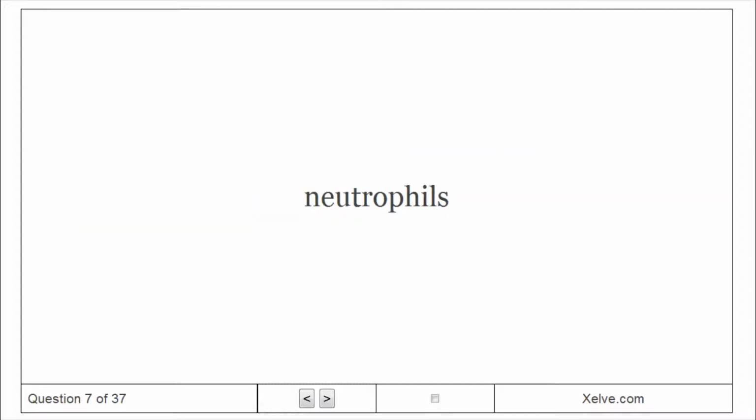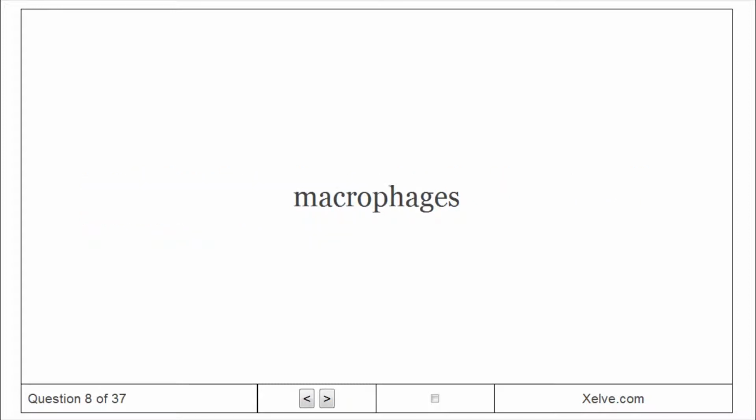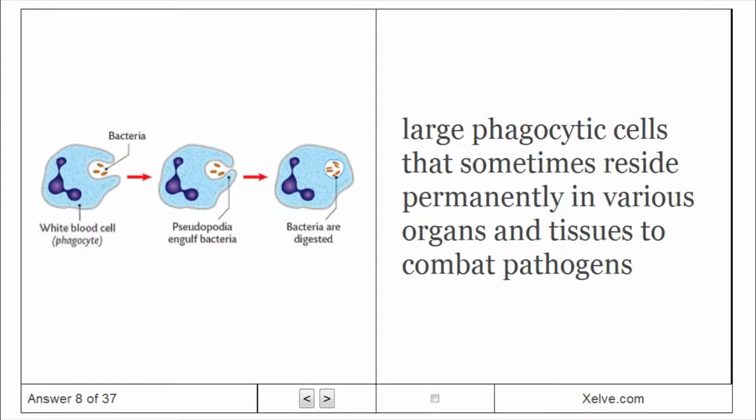Neutrophils. Most abundant phagocytic cells, these engulf and destroy microbes. Macrophages. Large phagocytic cells that sometimes reside permanently in various organs and tissues to combat pathogens.